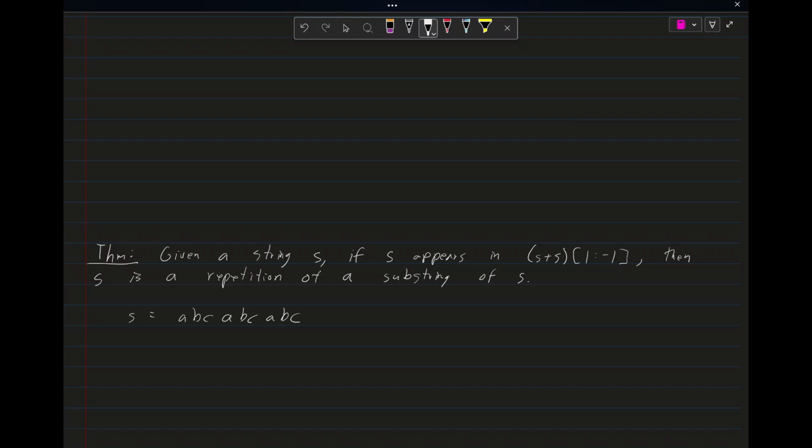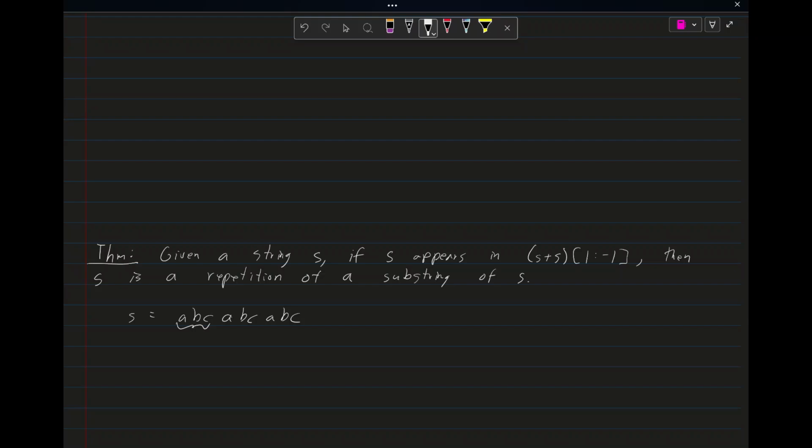Then one thing that you notice that you could do with this string is, this is obviously just the characters ABC repeated 3 times.